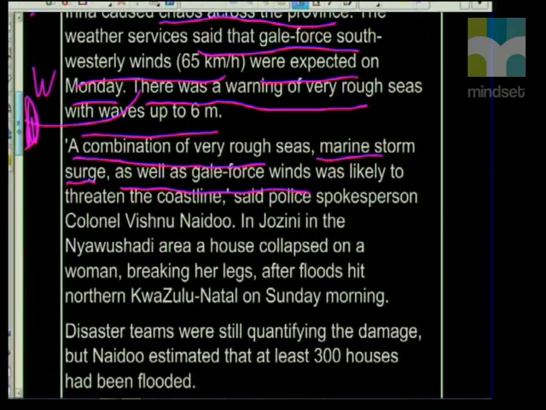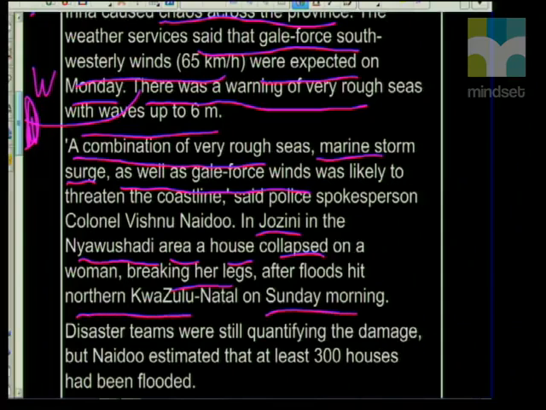Colonel Vishnu Naidu, that's the name of the person we have to quote because it's a case study. In the Josini area near Wanshadi, a house collapsed and a woman broke her legs, hurting people's health. The KwaZulu-Natal floods hit on Sunday morning.